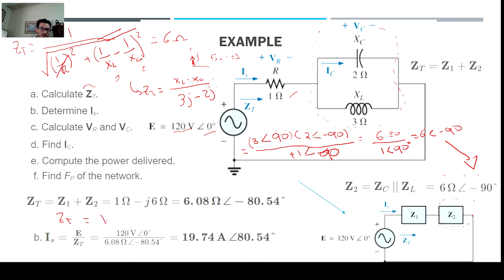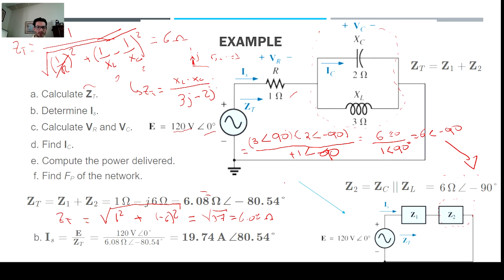Total impedance equals the square root of 1 squared plus negative 6 squared. This is going to be the square root of 6 times 6, 36, plus 1, 37. So the square root of 37 equals 6.08 ohms, which is right here.